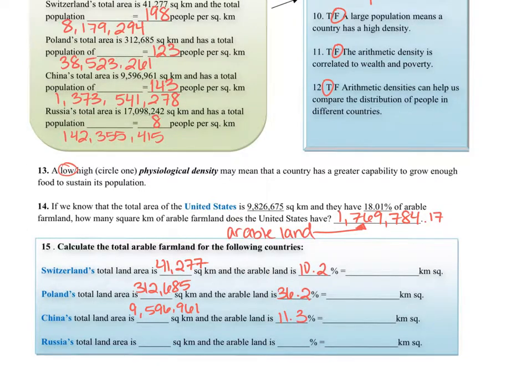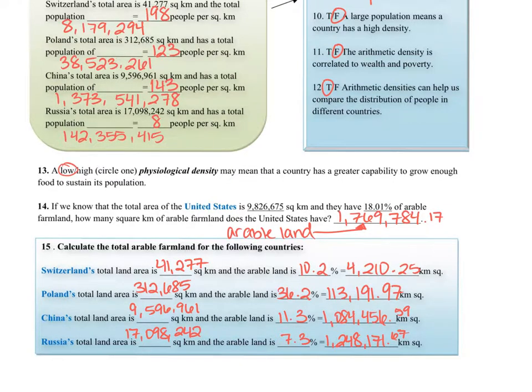And then there's Russia, that's bigger: 17,098,241.2, and they're at 7.3. Tell me when you have them.